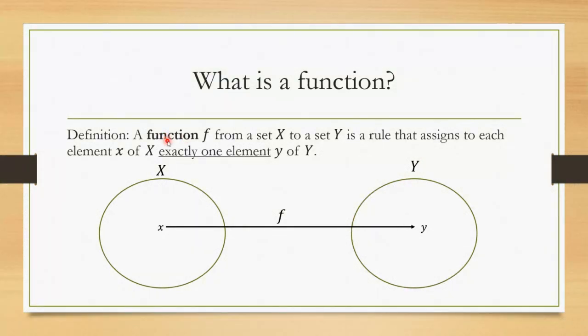A function, little f, from a set capital X to a set capital Y, is a rule that assigns to each element little x from capital X exactly one element little y from capital Y. So again, a function basically is taking each element from the first set, each little x, and assigning it to one element only in capital Y. That's what a function is.